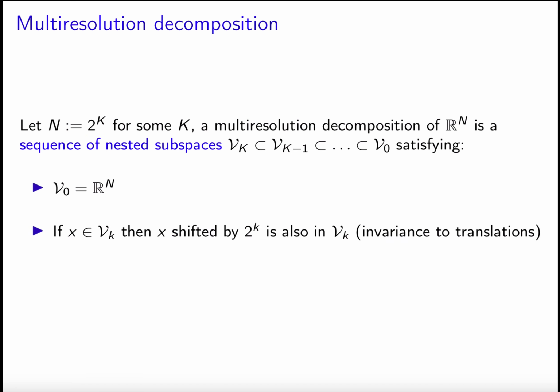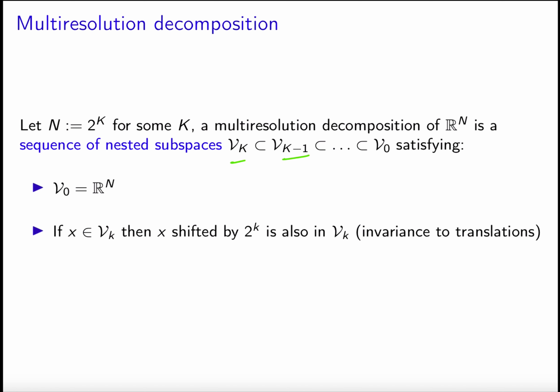And then as we decrease the resolution, or we increase the scale, however you want to think about it, these subspaces capture information at coarser resolutions, at larger scales. I always get confused with higher resolution, lower resolution, coarser scale.